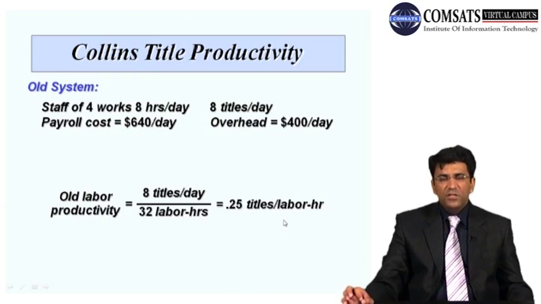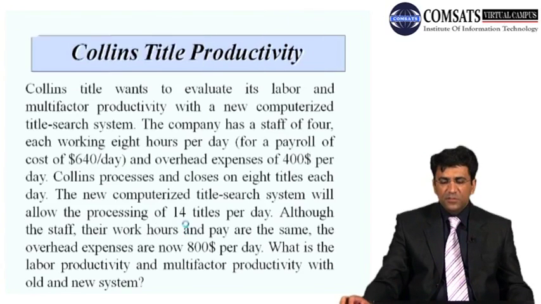Now we want to calculate the labor productivity again for the new system. For the new system, what will be the changes? Your input will remain the same as per the information provided in the example, but the output is being changed. You can see that the new output is 14 titles per day.